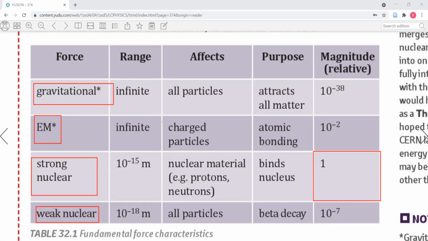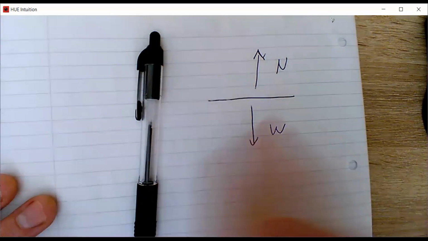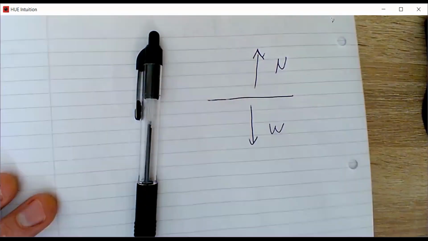By the way, what we mean by fundamental force is that any other force you might talk about in the universe is some manifestation of these. Most commonly, it's the electromagnetic force. If you talk about a biro sitting on a table, it's experiencing a downward force, its weight, and then an upward force, which we call the normal force.